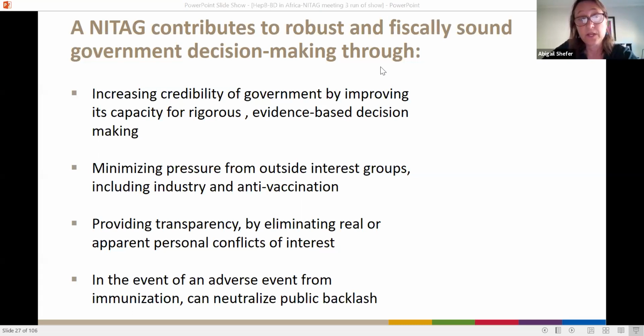This is very important. By providing transparency, by eliminating real or apparent personal conflicts of interest. And in the event of an adverse event from immunization, NITAGs can be really important in neutralizing public backlash. So next slide.